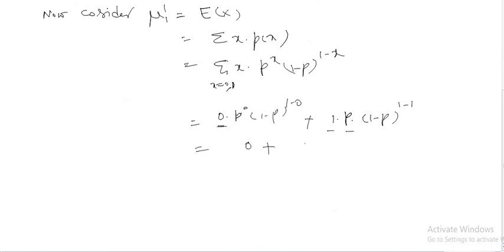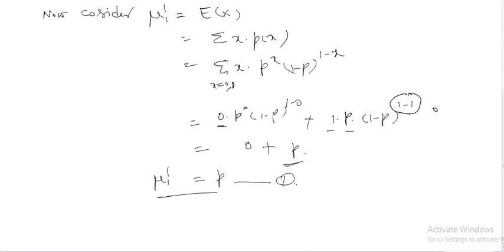This is 1 into p, which is p. This becomes 1. So finally mu1 dash is p, equation number 1. For Bernoulli distribution with parameter p, the mean is p.